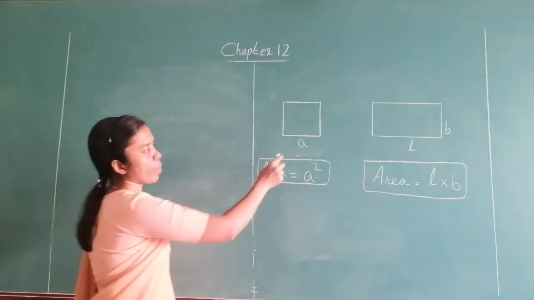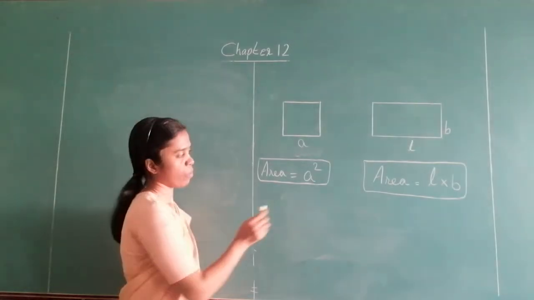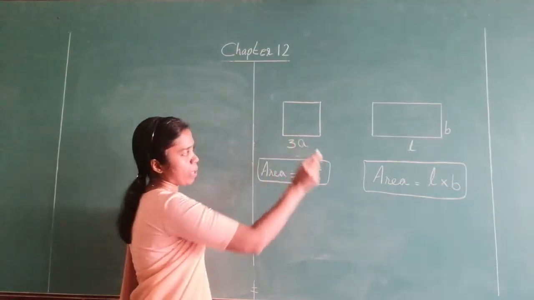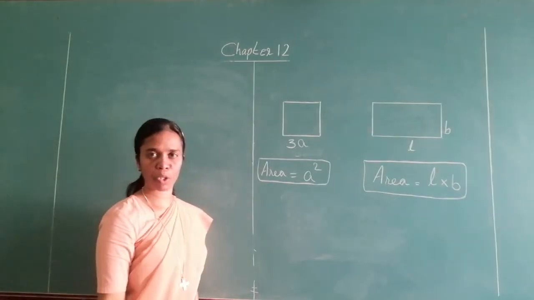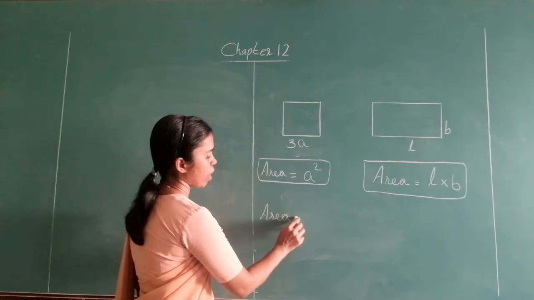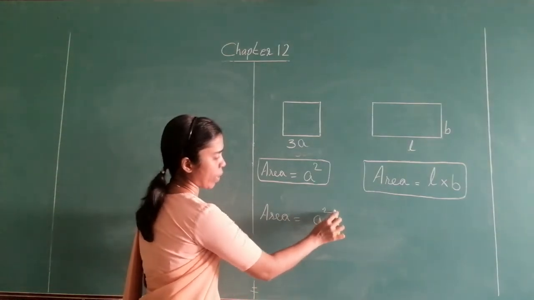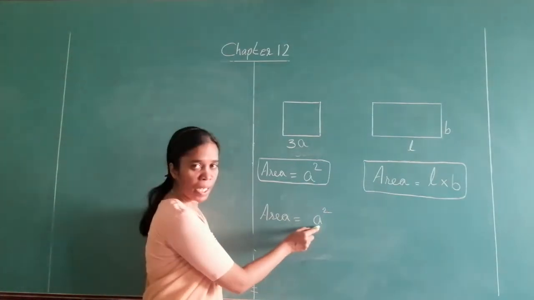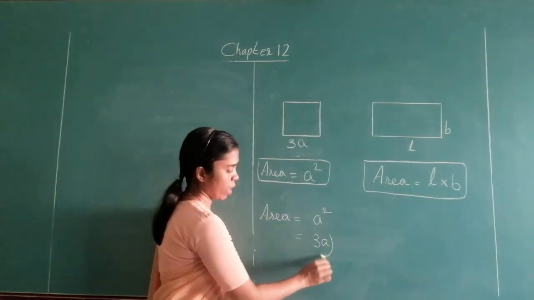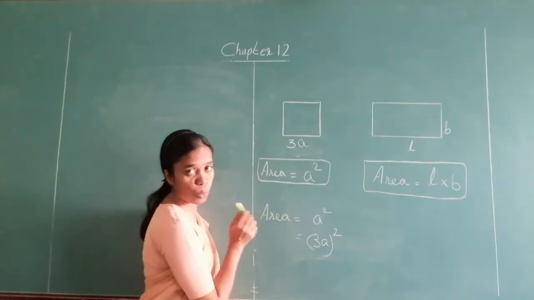Now when you have a square with side A, what is the area? A square. Now this is tripled, means 3 times more. So what will be the area? Area formula is A square, but now what is your A? What is your side? 3A. So that will be 3A whole square.